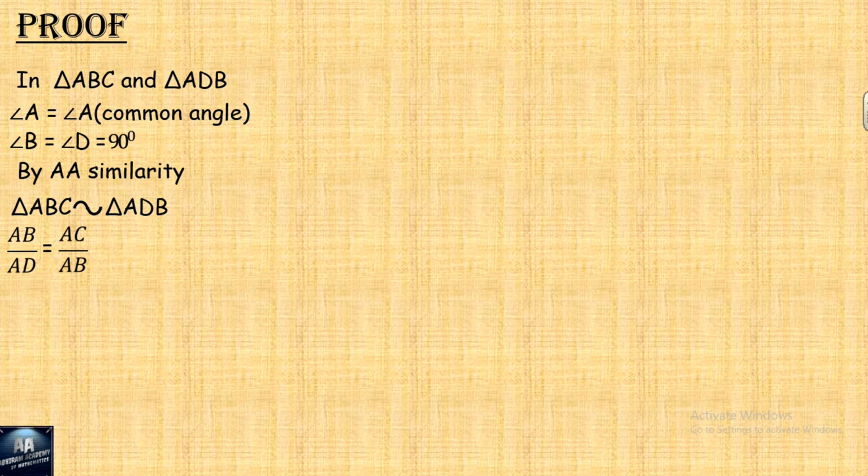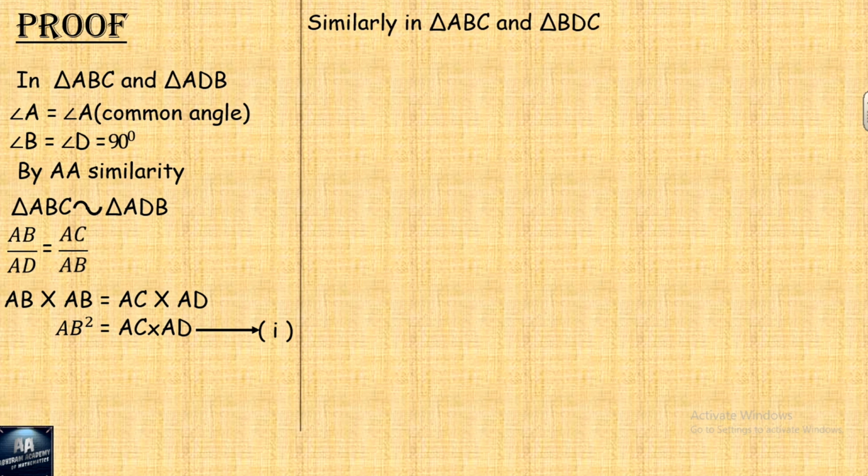By cross multiplication, we get AB multiplied by AB is equal to AC multiplied by AD. That is, AB square is equal to AC multiplied by AD. Let us consider this as equation 1.